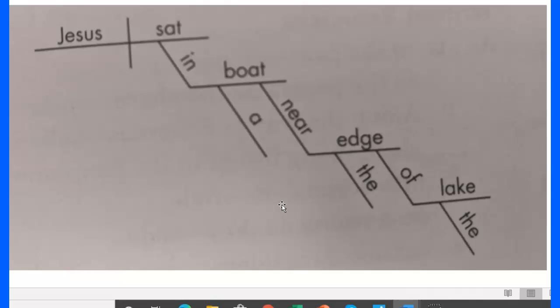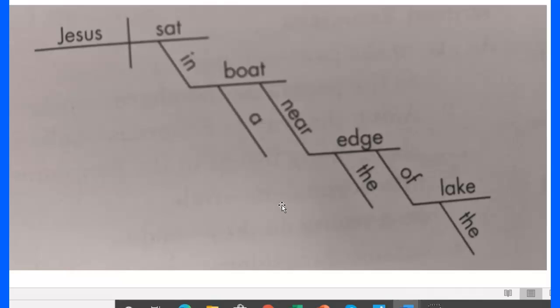Number 2, Nehemiah prayed to the God of heaven for wisdom. Whole bunch in there. To the God of heaven is going to be modifying the verb. For wisdom is also modifying the verb, because either of those could end there.